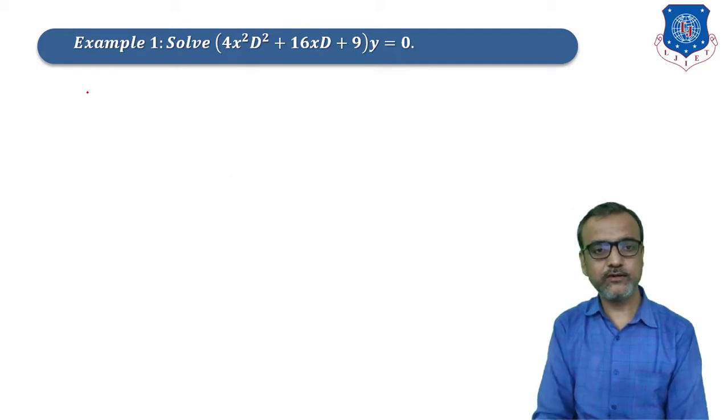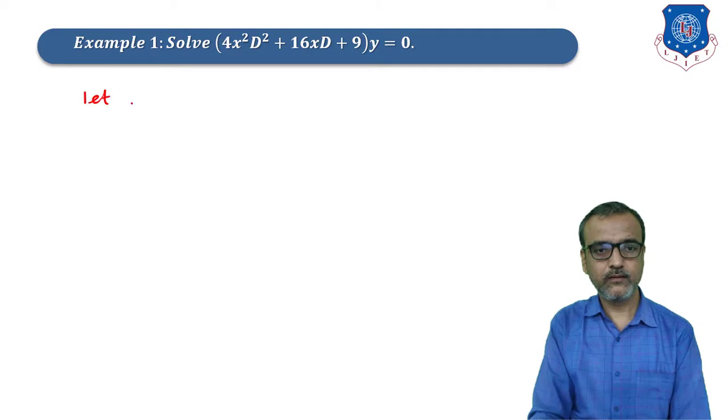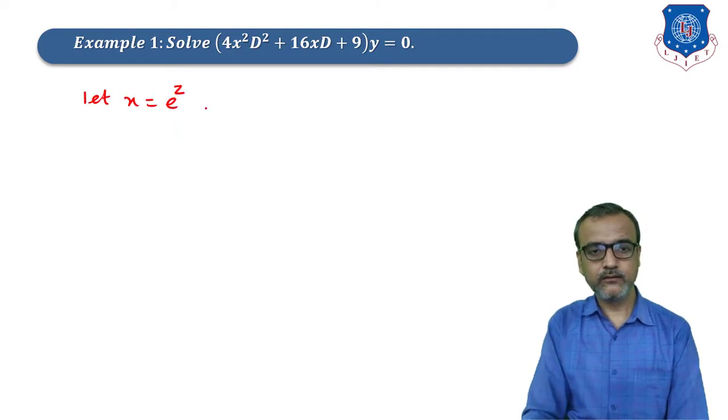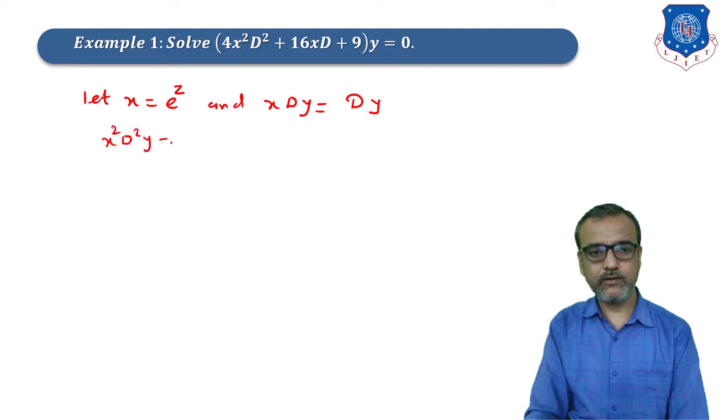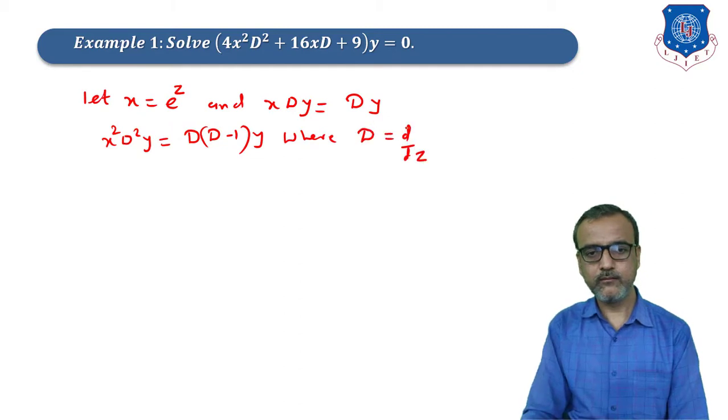Now to solve this differential equation, let x equals to e raised to z, and x dy equals to Dy, x square d square y equals to D minus 1 y, where this one D equals to d by dz.